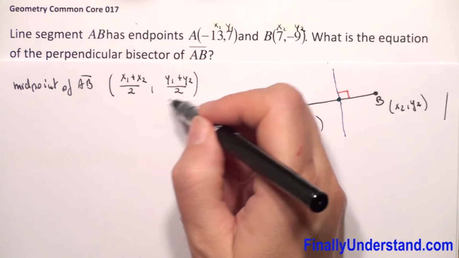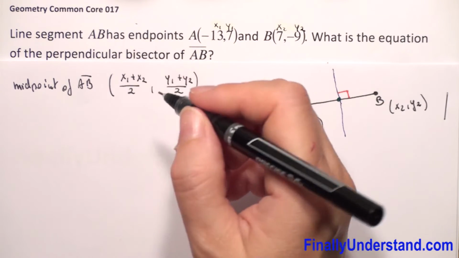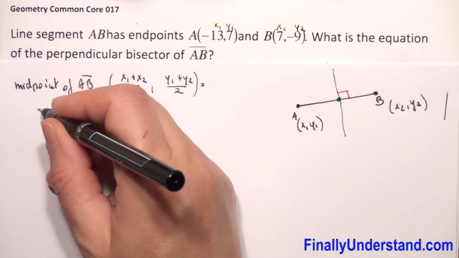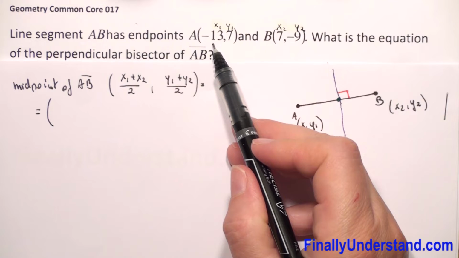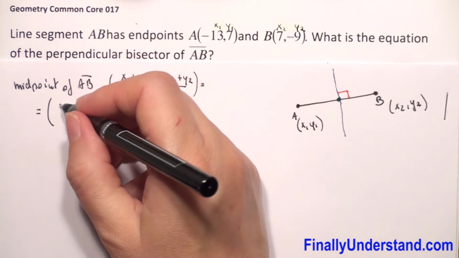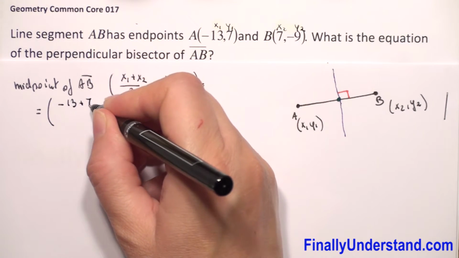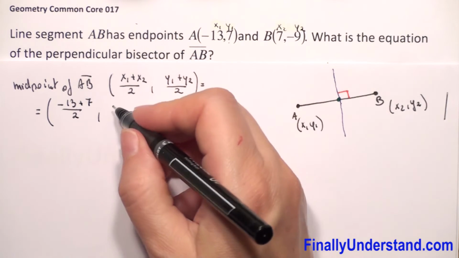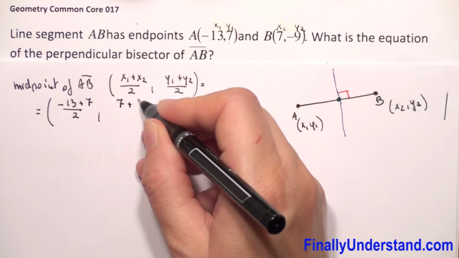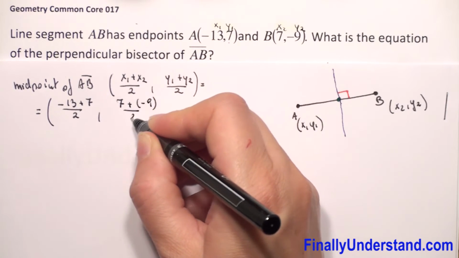So now we will substitute into this formula, and we have that first coordinate is -13 plus 7 over 2, and second is 7 plus -9 over 2.